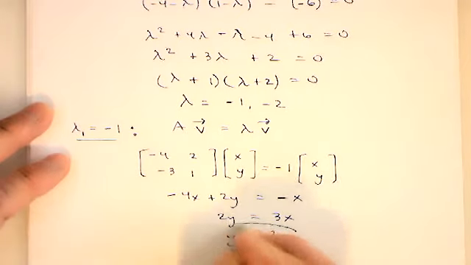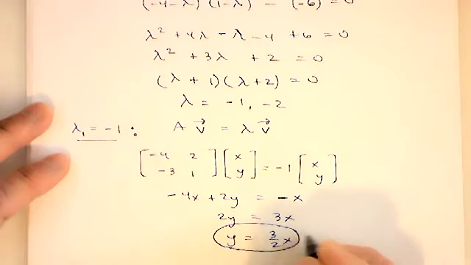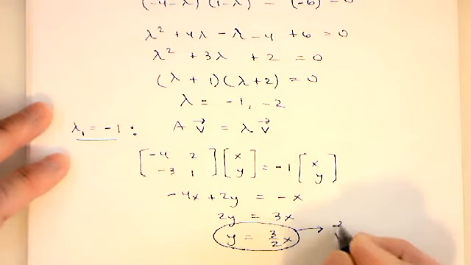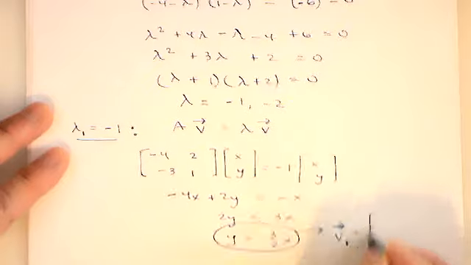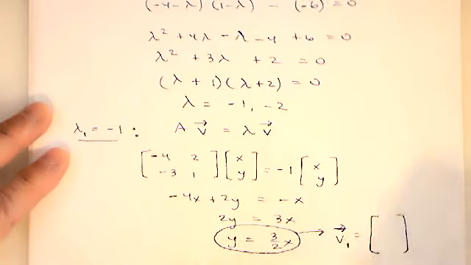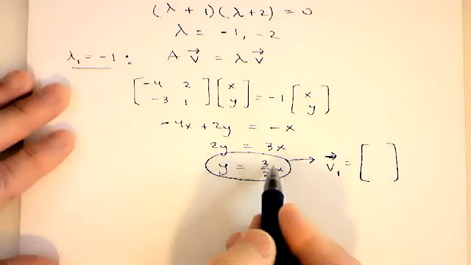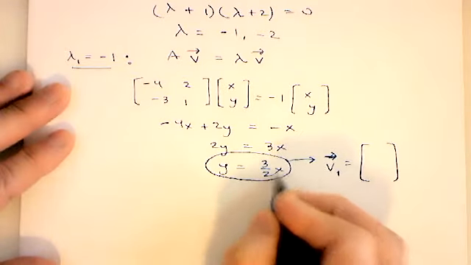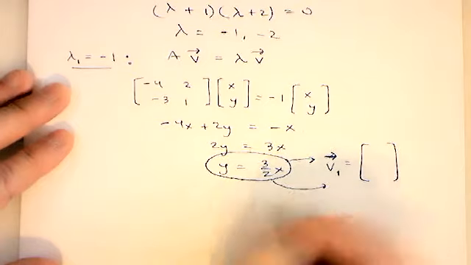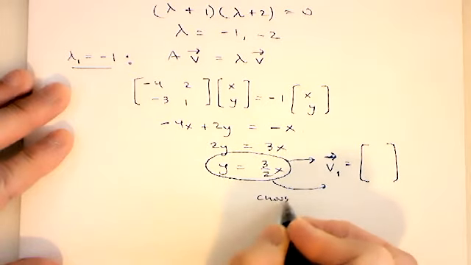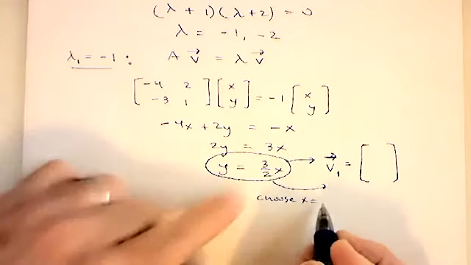Okay, so let's talk about this. As you saw in the previous one, to find a vector I will choose a value. Now, in this case, since y is written in terms of x, what I want to do is choose a value for x. It's certainly fine.